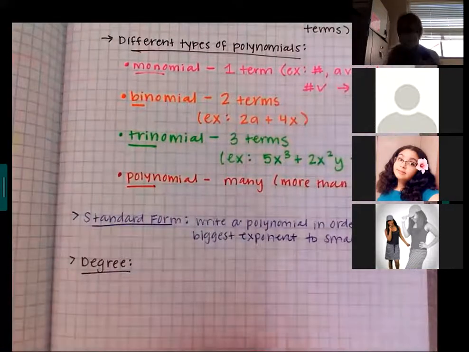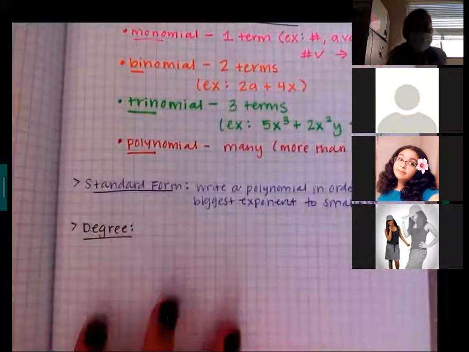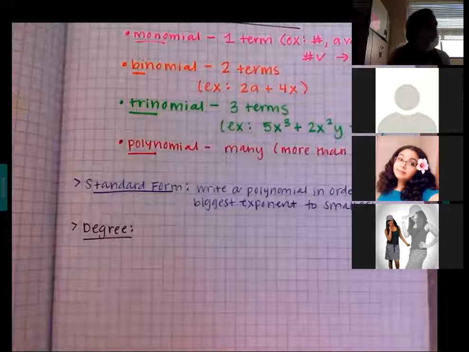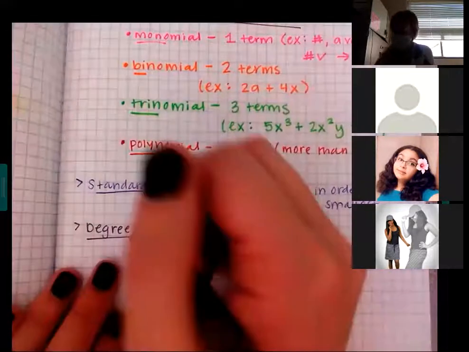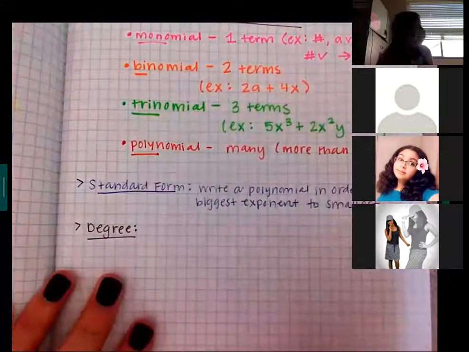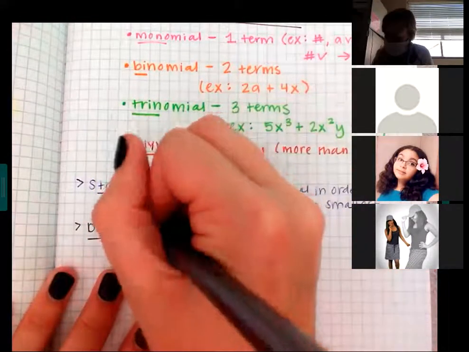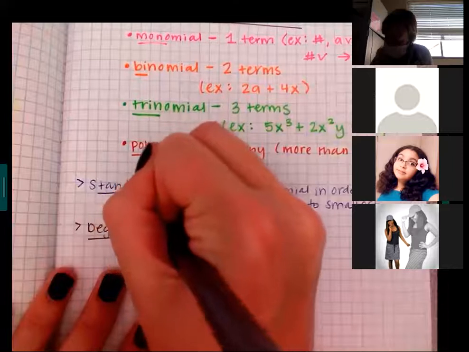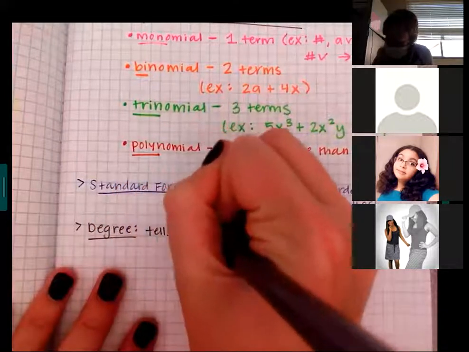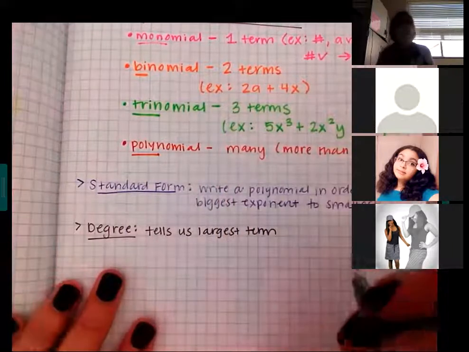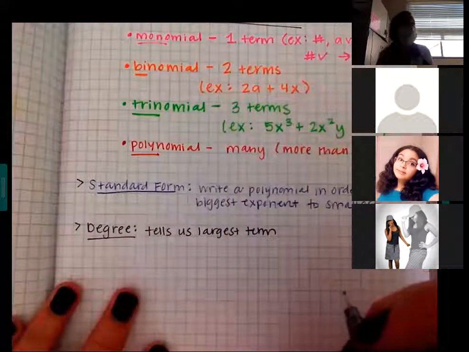And then who remembers from those questions on the whiteboard, I asked y'all what the degree is? Good, good. The degree tells you the largest term. So the degree tells us the largest term. I am going to write that. It tells you the largest term because you look at the exponent to find the biggest term.